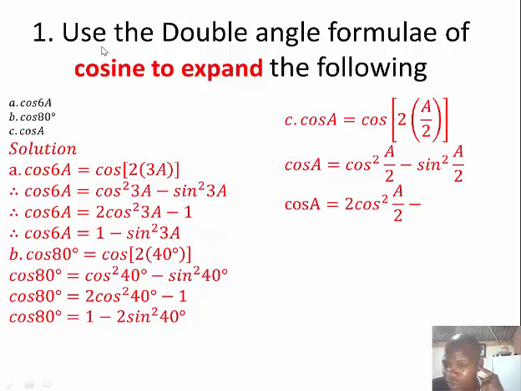So remember, you have the 1 with the minus 1, and then you have the 1 that starts with the 1. So you have another cos A equals 1 minus 2 sine squared A over 2, and that's your last alternative. Once you've done this, you've done well.